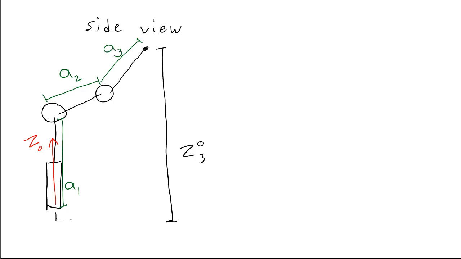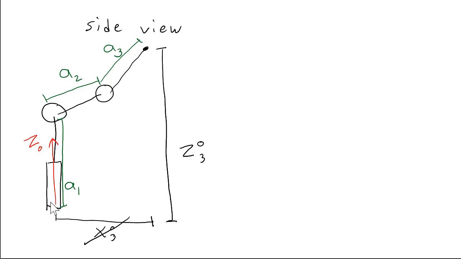Now, it's important to note that this distance here is actually not the x position of the end effector. The reason for this is that we've already said that this length here is A2 and this length here is A3. But the joint theta 1 could be rotated in any angle.